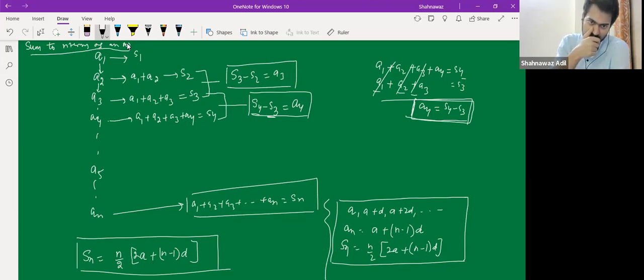This was the meaning of this sum. You guys just quickly note down this part, and then we'll write different formulas for a set.